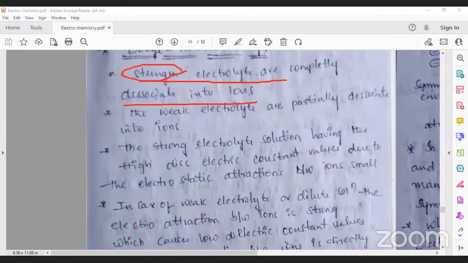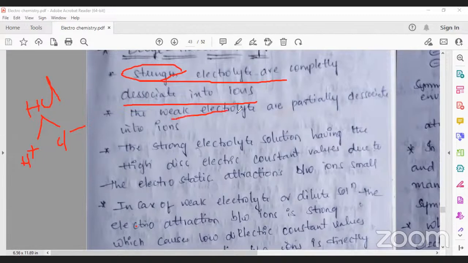Strong electrolytes are completely dissociated into the ions. Strong electrolytes like HCl will be there. That HCl gives complete dissociation into the ions. That's why it is considered strong.